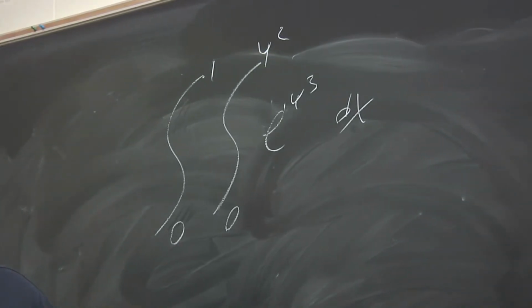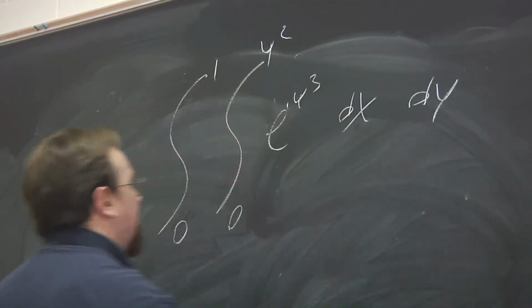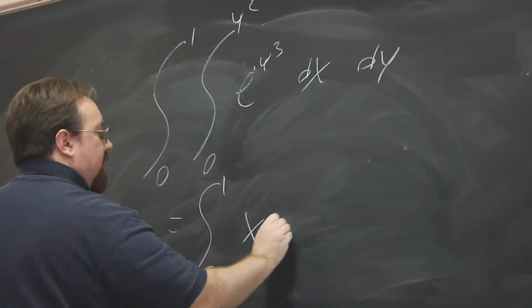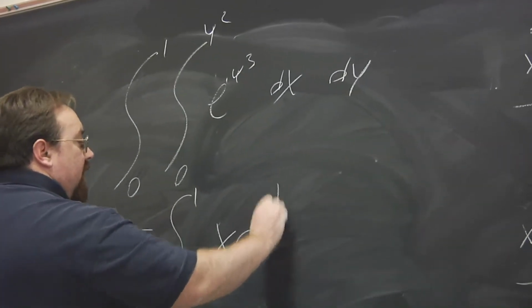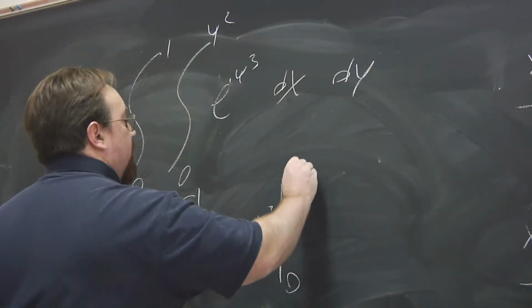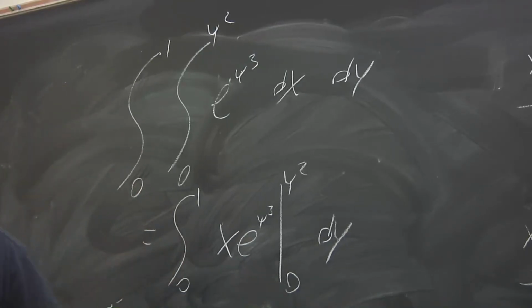Then it would just be that times x? Yeah, you treat y as a constant. I forgot to do dy out here. So we get 0 to 1, so we get x e to the y cubed. Now you're going to plug in the limits, 0 and y squared.